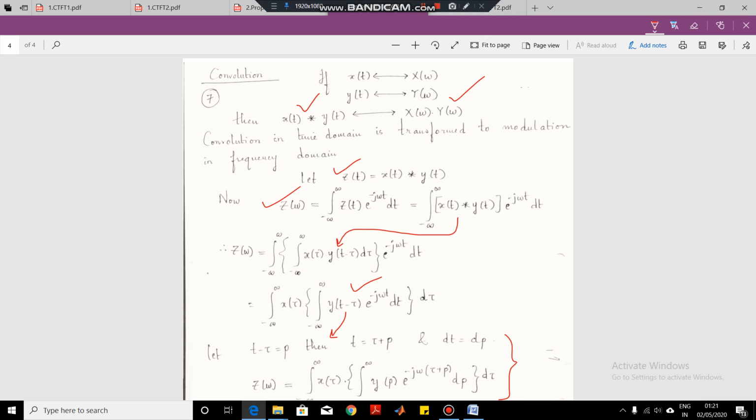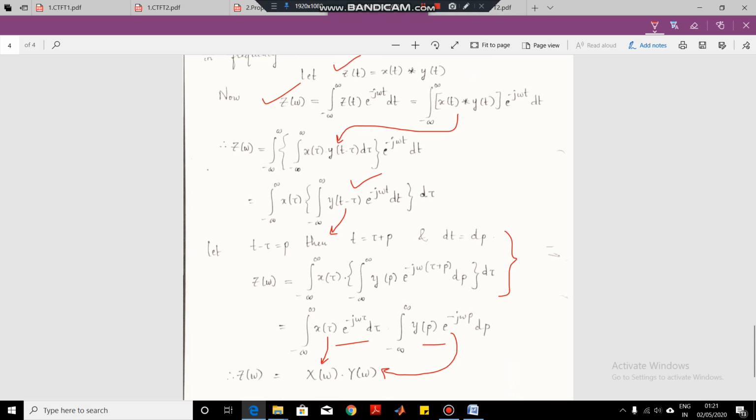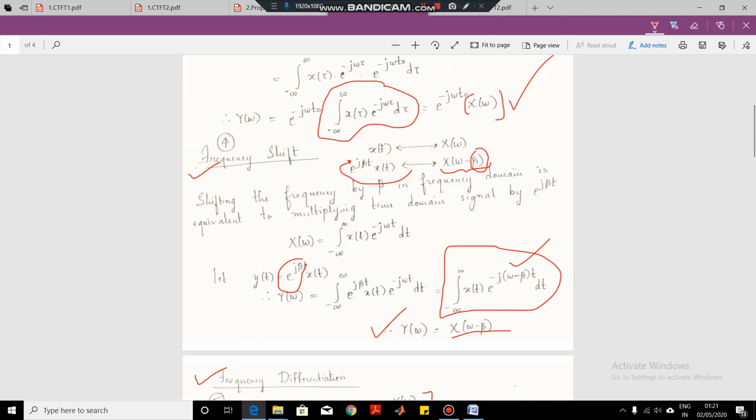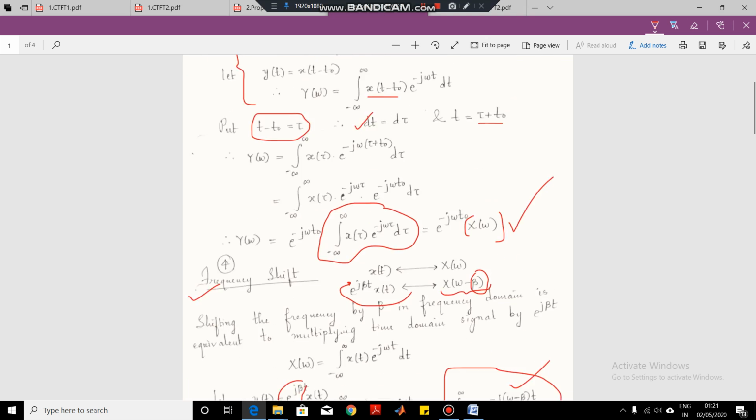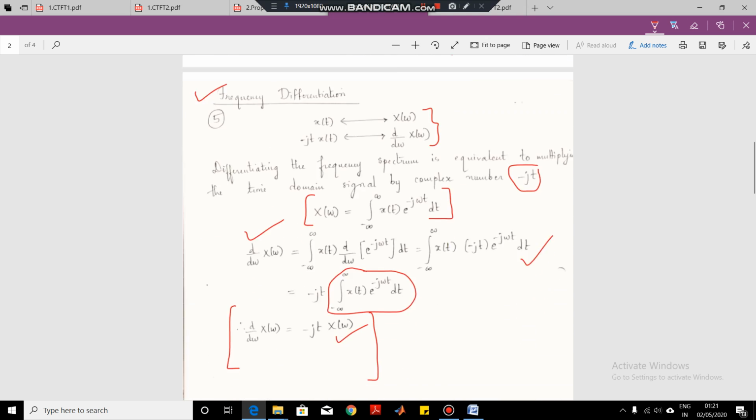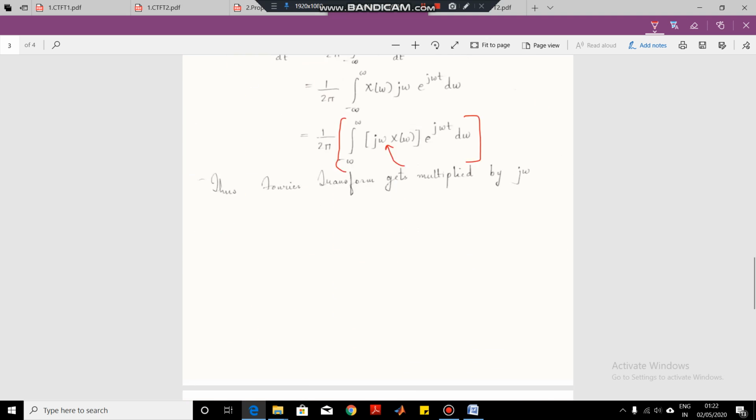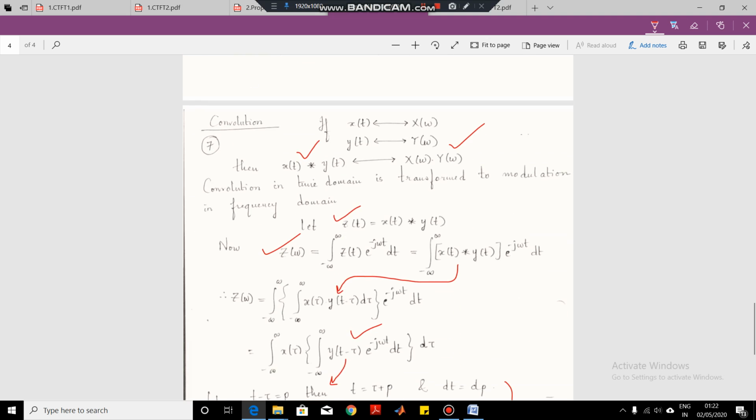So this concludes the properties part of the continuous time Fourier transform. In the next session, we will discuss a few numericals on continuous time Fourier transform, wherein we will make use of the different properties that we have studied so far. We have seen the time shifting property, the frequency differentiation property, the time differentiation property, and the convolution property.